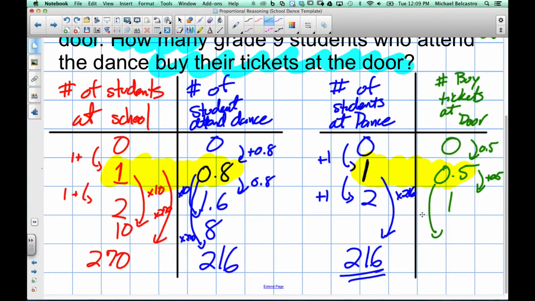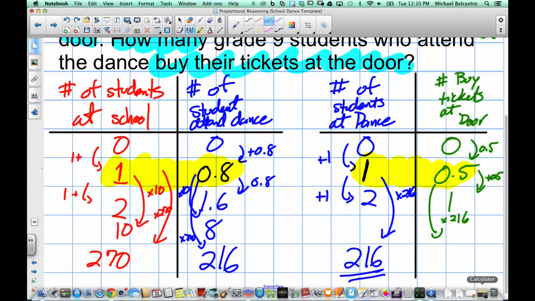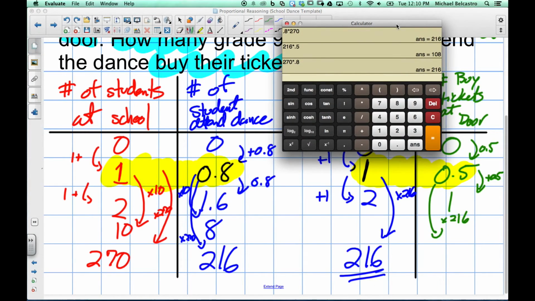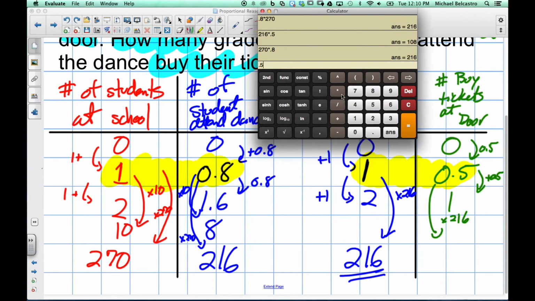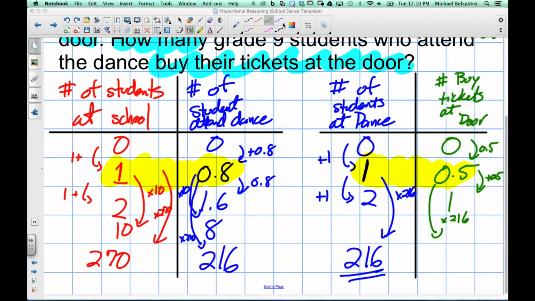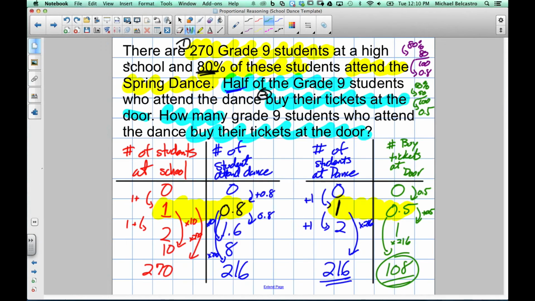So I'm going to also multiply this by 216, to figure out how many students bought tickets at the door. So we take our 0.5 and multiply by our 216 students who are at the dance, and 108 of the grade 9 students would have bought their tickets at the door. And that's what they were really looking for. 108 students bought their tickets at the door.